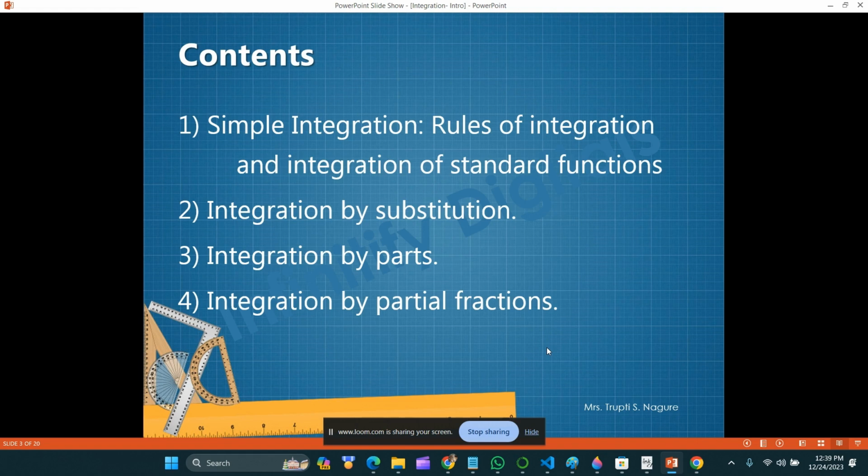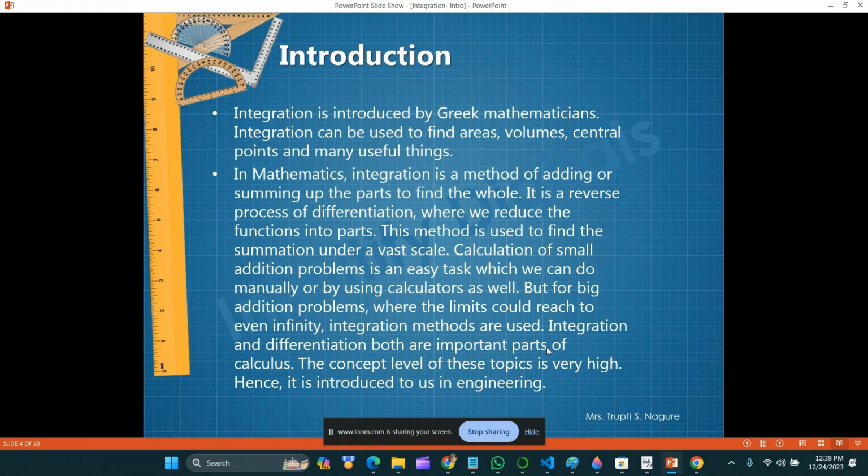Okay. Next, introduction: integration was introduced by a Greek mathematician. Integration can be used to find areas, volumes, central points, and many useful things. Now, you can say, ma'am, there are some formulas already we have, like the area of a circle, or in short, mensuration formulas.